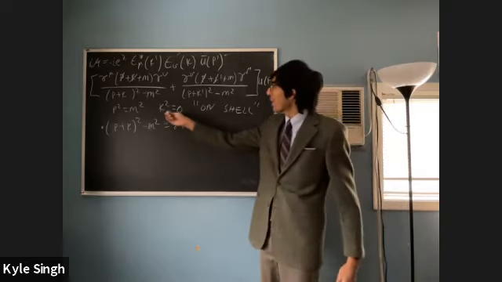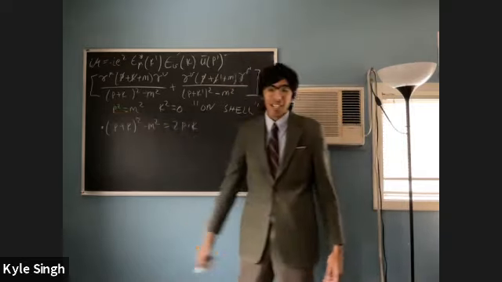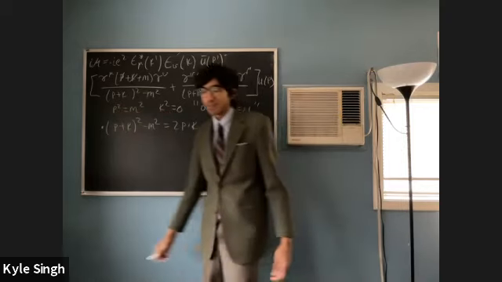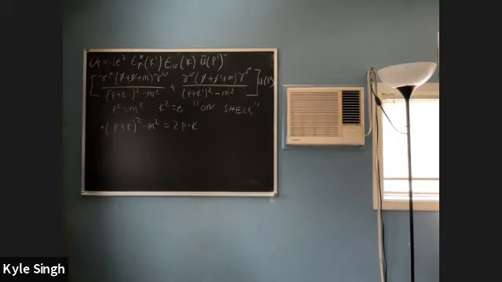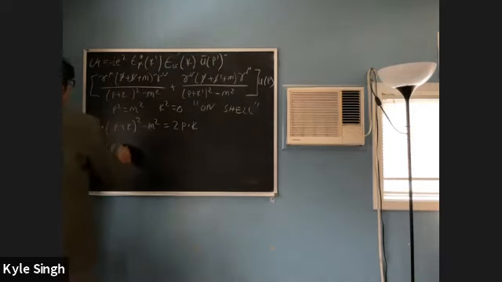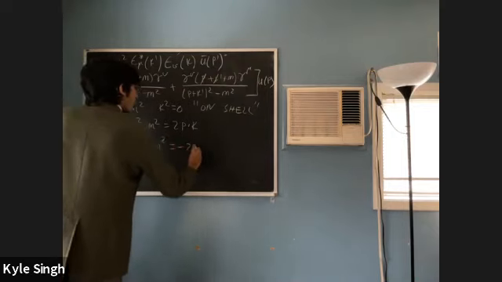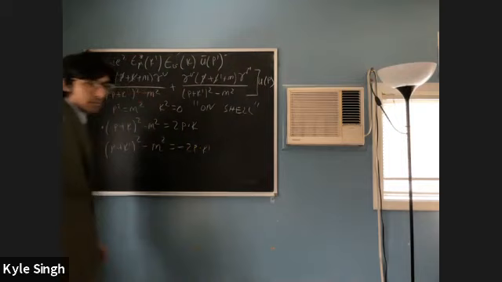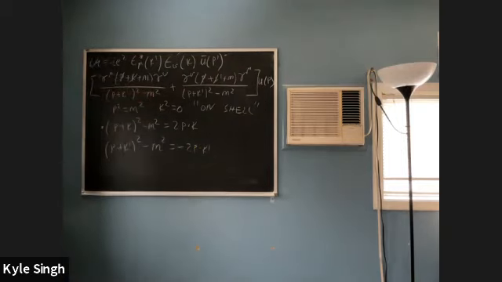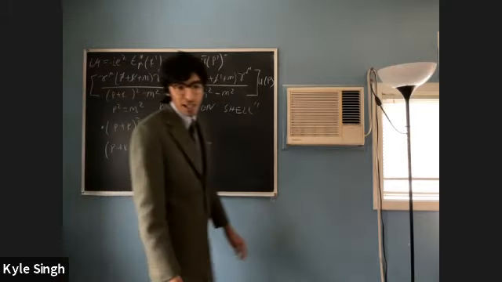That's why they never have these properties assigned to them. They're not on the mass shell. So you can't use this property. Okay. Similarly, p plus k prime squared minus m squared equals minus 2p dot k prime. Let's just work out the algebra.